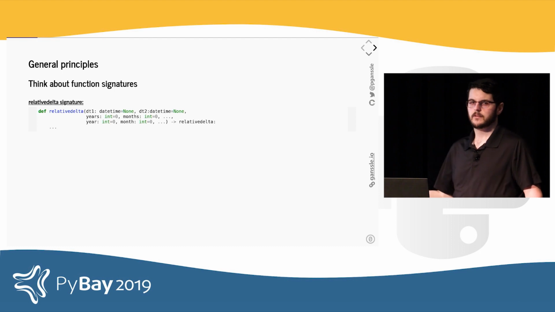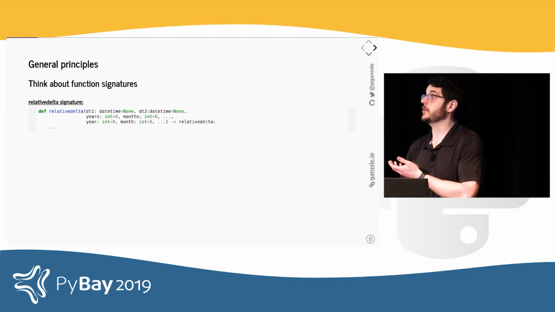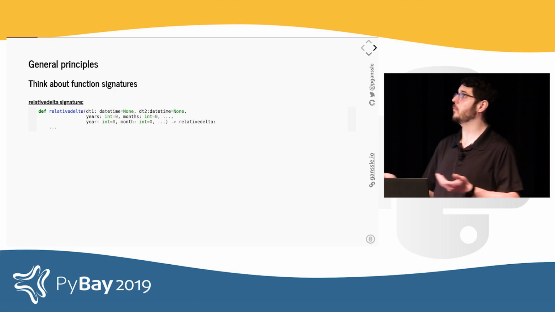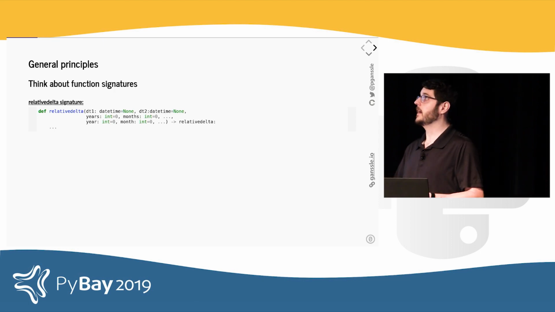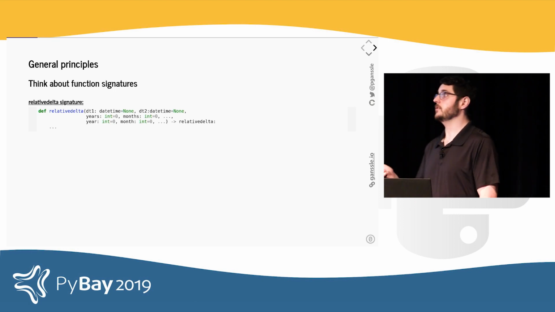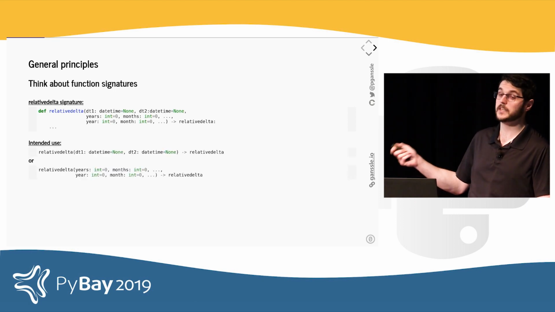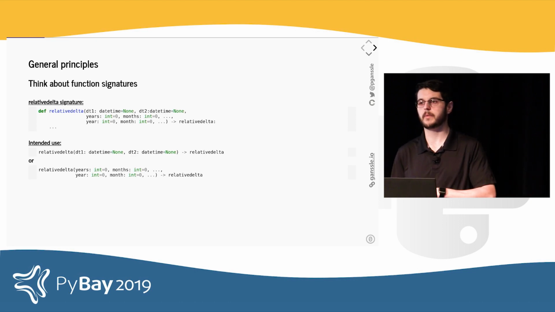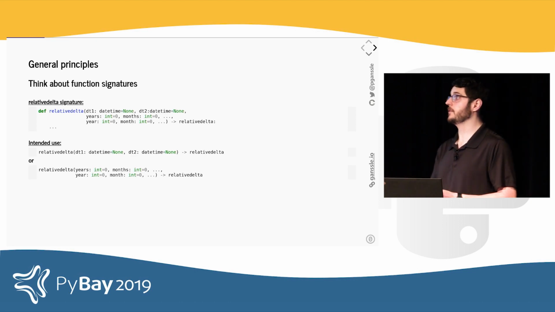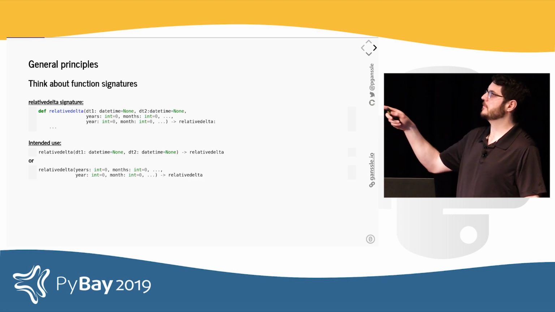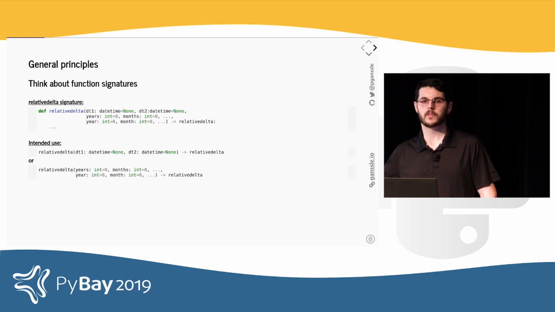And if you look at this, you say, all right, I don't really know how to use this. Everything is optional. What happens if I pass it nothing? I don't really know. The way it's actually supposed to be used is that it should have one of these two function signatures. Either you pass it 2 datetimes, and then it subtracts the 2 of them and gives you back a relativedelta from the difference, or you pass it these different parameters, years and months, and year and month, and there's a whole bunch of other keyword arguments.